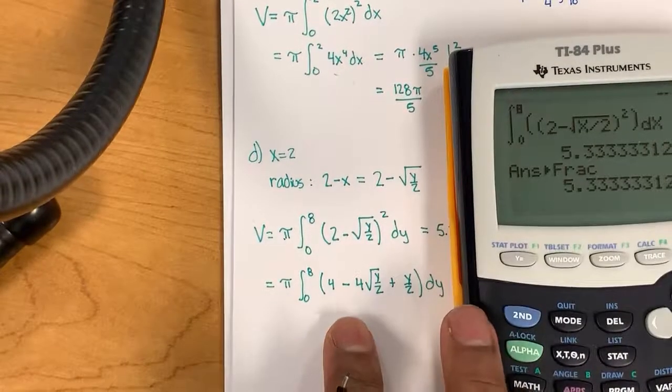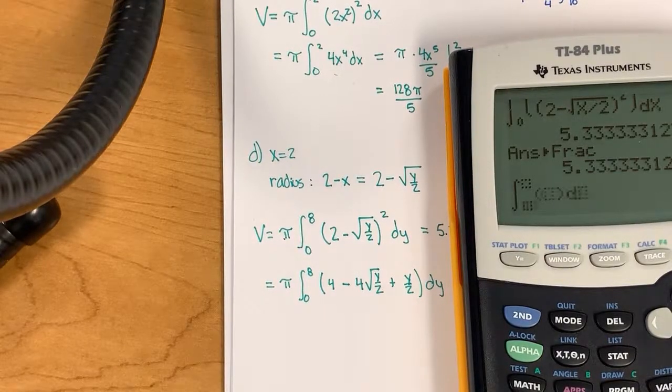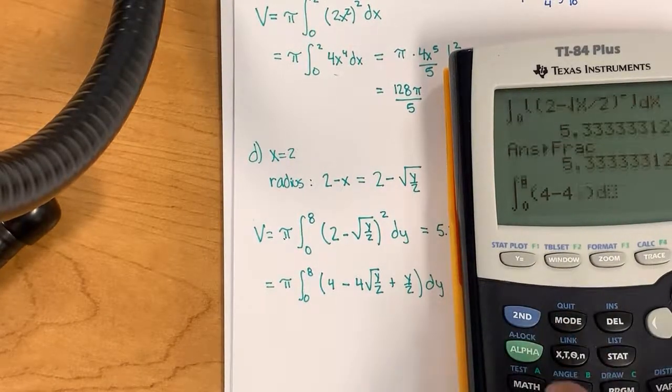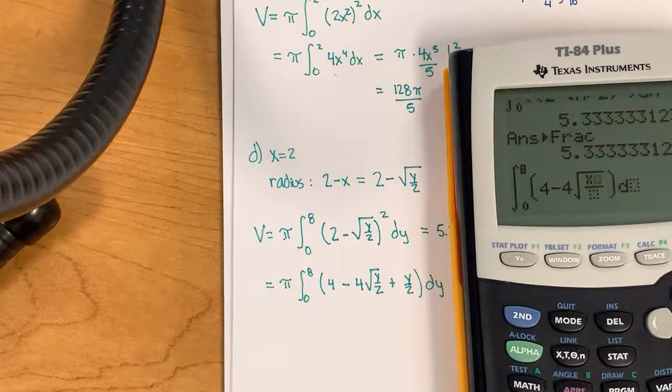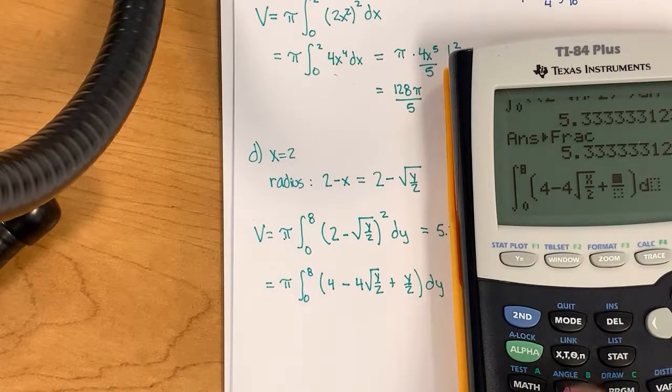And we're going to see if we integrate this same result that we expanded, if we get the same thing. So math 9 from 0 to 8. So we're going to have 4 minus 4 square root of x over 2 plus x over 2 dx.